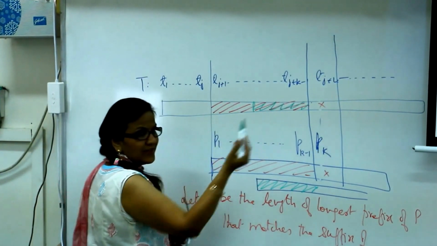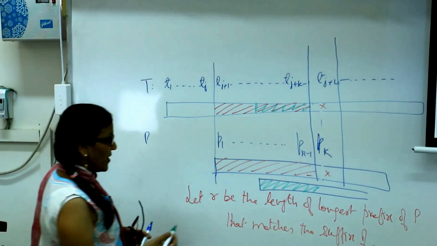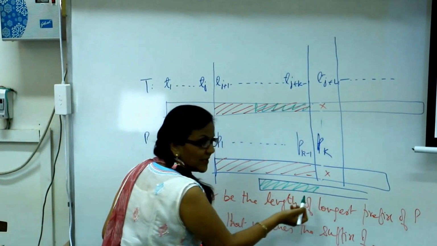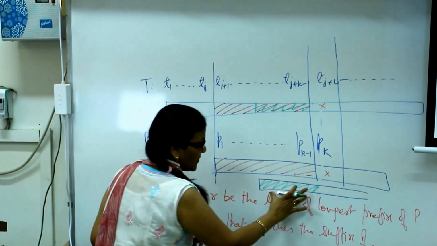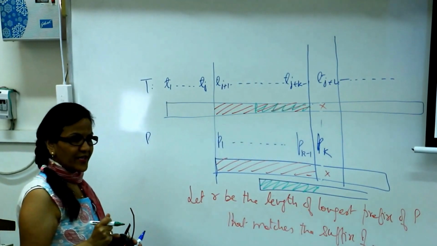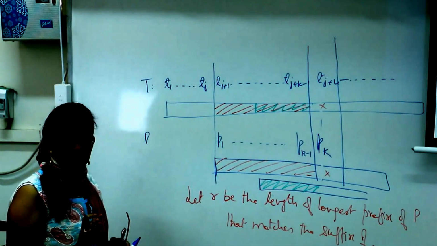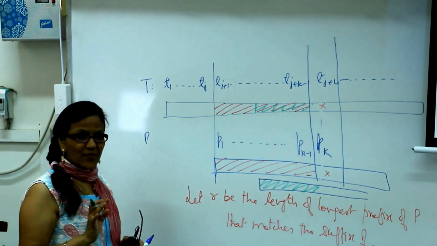The text is what is running, isn't it? We want to shift so that this part of the pattern matches with this part of the text. So far so good? Okay.